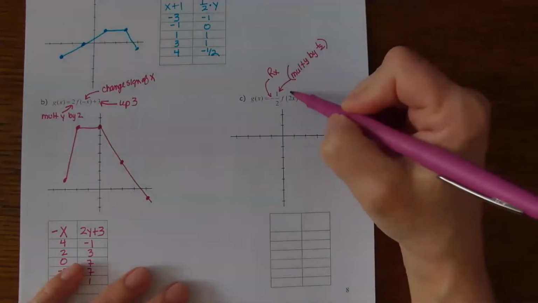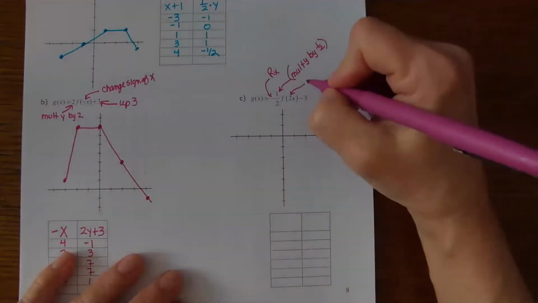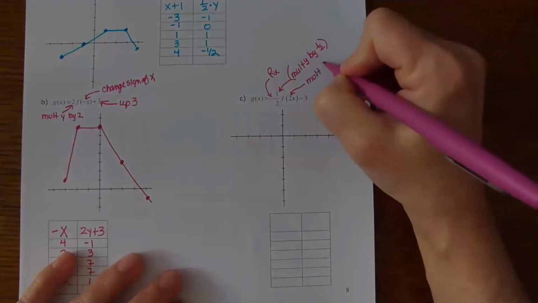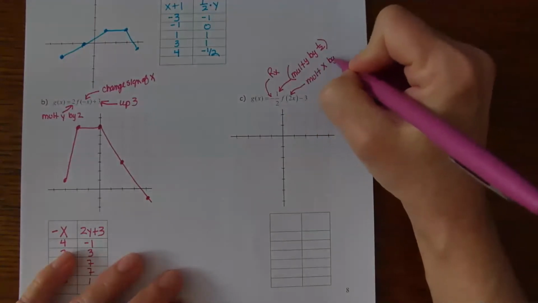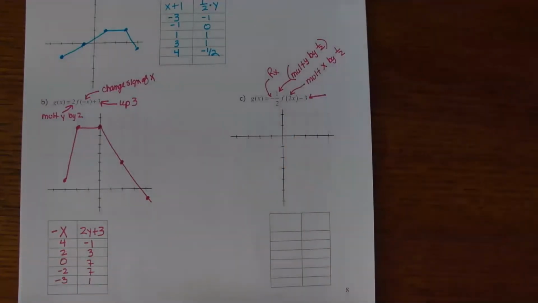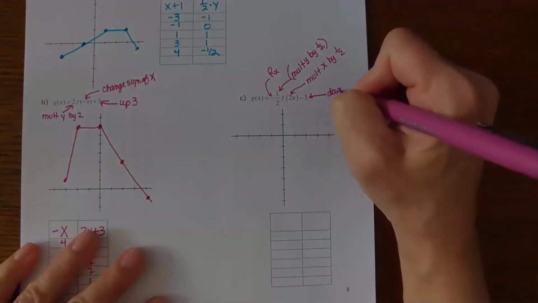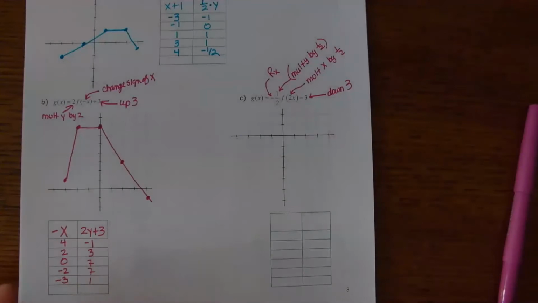What does this 2 do? Yeah, multiply X by 1/2. And what does this 3 do to it? Down 3, right?